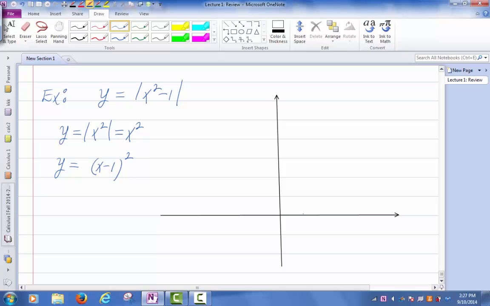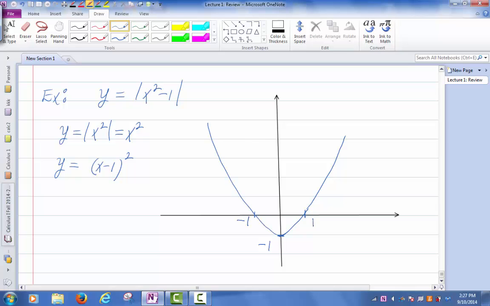Anyone? It's a parabola starting at -1, right? The vertex would be at -1. And here's -1 and 1 as the x-intercepts. So that's the graph of x squared minus 1 without the absolute value.